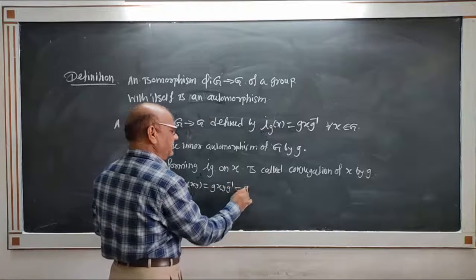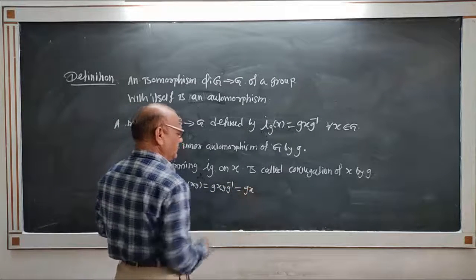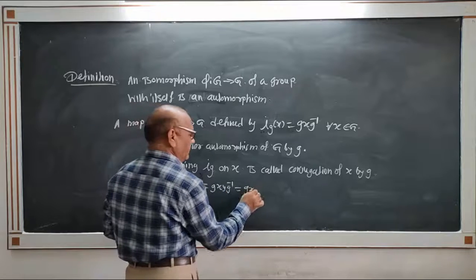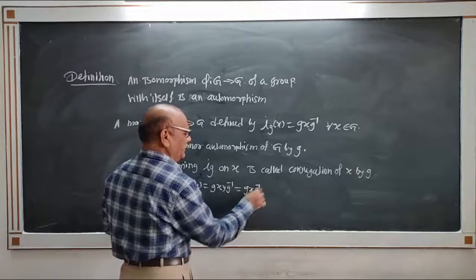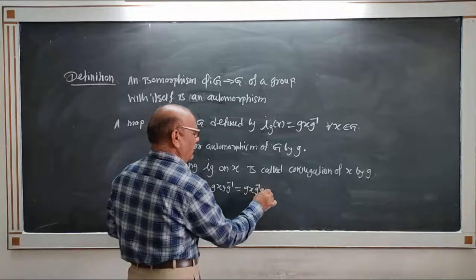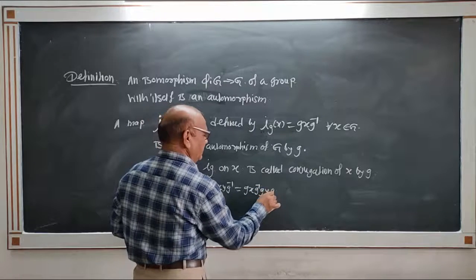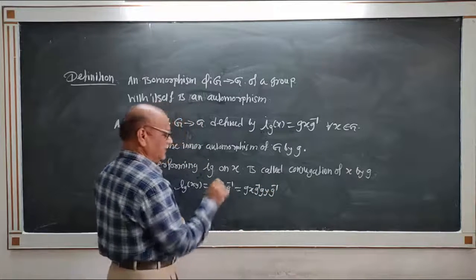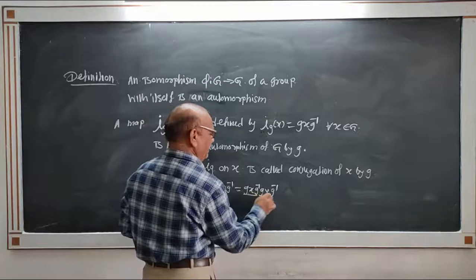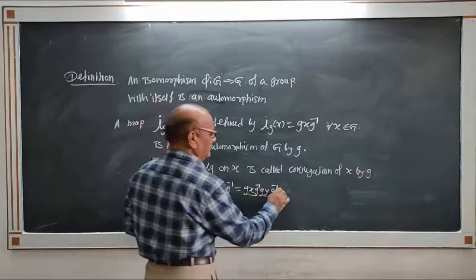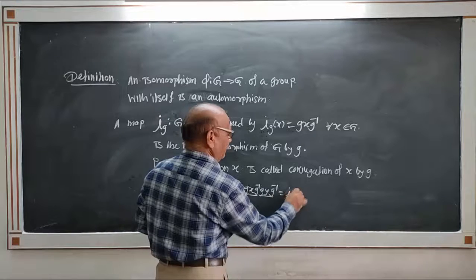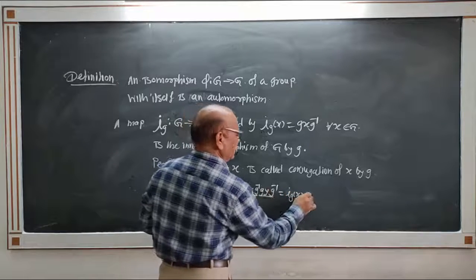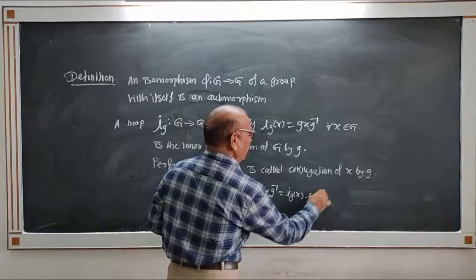This can be written as g x g inverse g y g inverse, and this is equal to I_g of x times I_g of y.